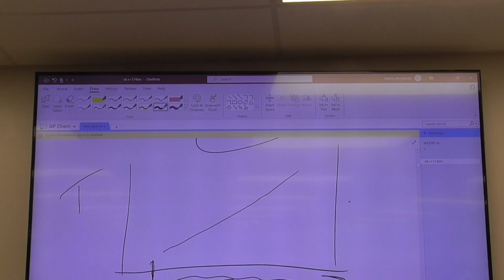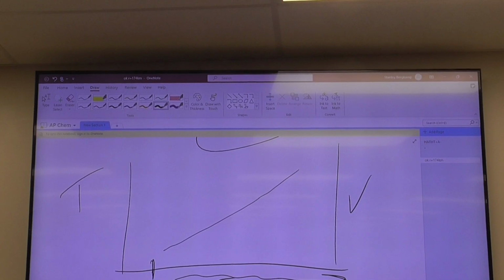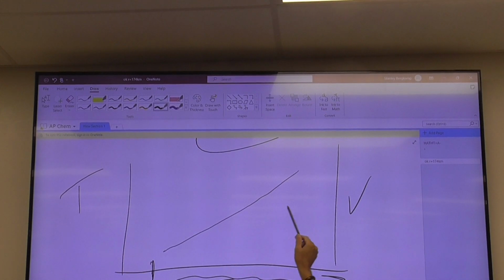Now, if you were to plot velocity versus radius, starting at the radius of the Earth, what would that velocity graph look like? Shallower, yes.